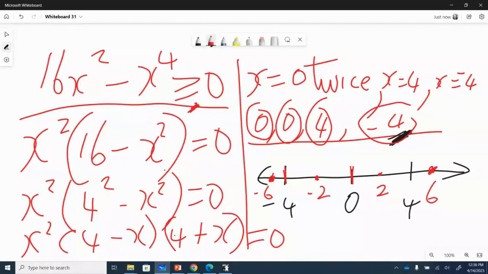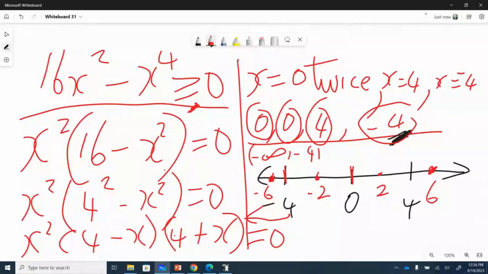So the first interval is from negative infinity to negative 4. Can you see? From here down, negative 4 to negative infinity. Yes, okay. So I'm going to pick a test point in that interval. And that test point, you have to pick a point you like. So I picked negative 6. You can pick any number. But I wanted to watch how we test it though.